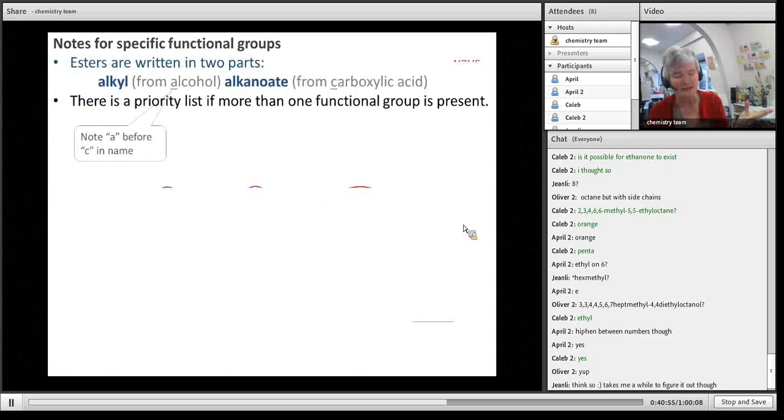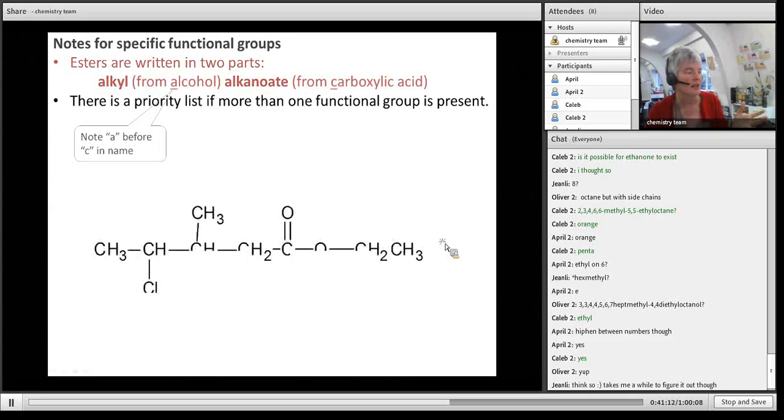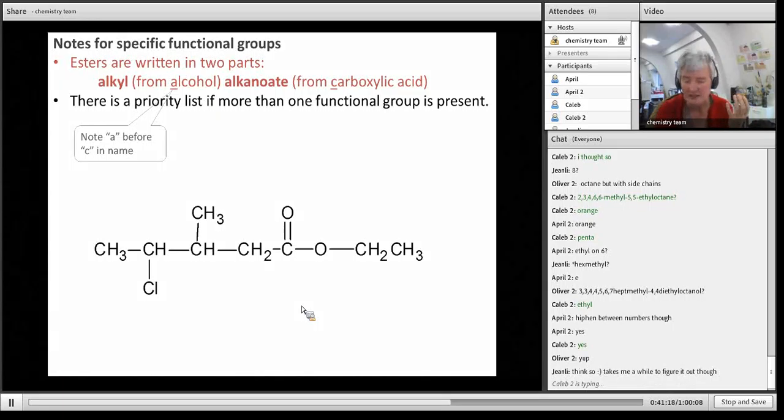Okay, esters. Now, one way of remembering is A comes before C in the alphabet, so you always write the alcohol part first before the carboxylic acid part. It's one way you could remember. Okay, so here's an ester. Now, the functional group for carboxylic acid is the C double bond O, OH, isn't it?